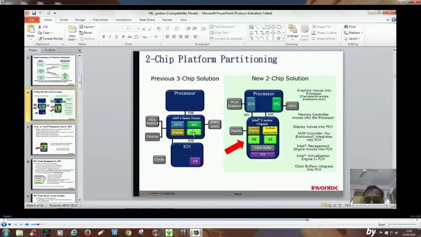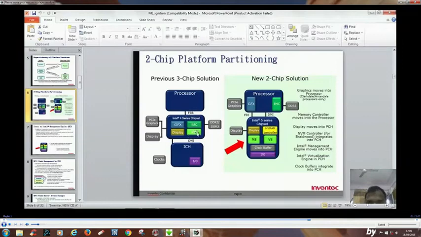So earlier it was a 3-chip solution. We have a processor, we have the Intel North Bridge, we have the ICH, and now we have a 2-chip solution. What happened between the 3-chip and 2-chip is that the graphics have moved to the processor, whereas earlier the integrated graphic was in the North Bridge only.